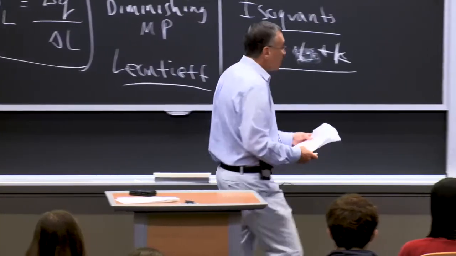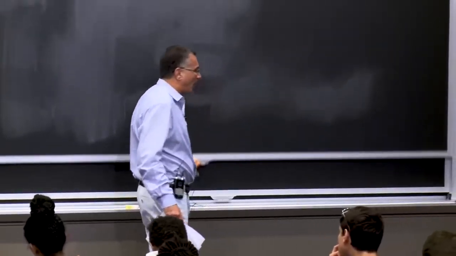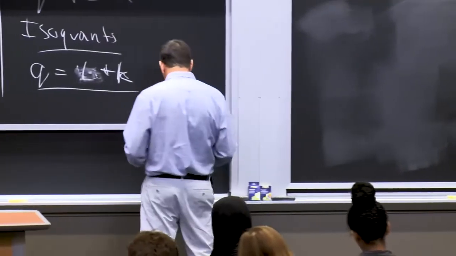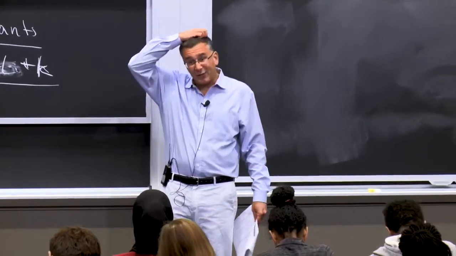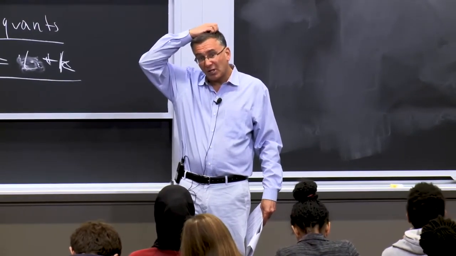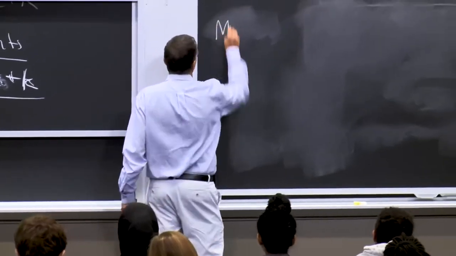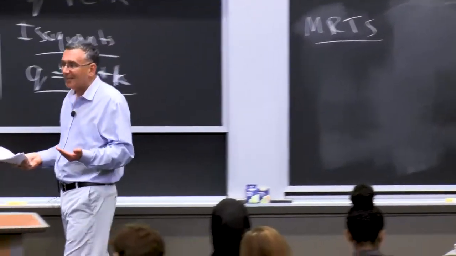Now, continuing our parallel to consumer theory, what is the slope of the isoquant? Just as we call the slope of the indifference curve the marginal rate of substitution, since we're not very creative in economics, we call the slope of the isoquant the marginal rate of technical substitution. Because it's the same idea, but now it's technical.